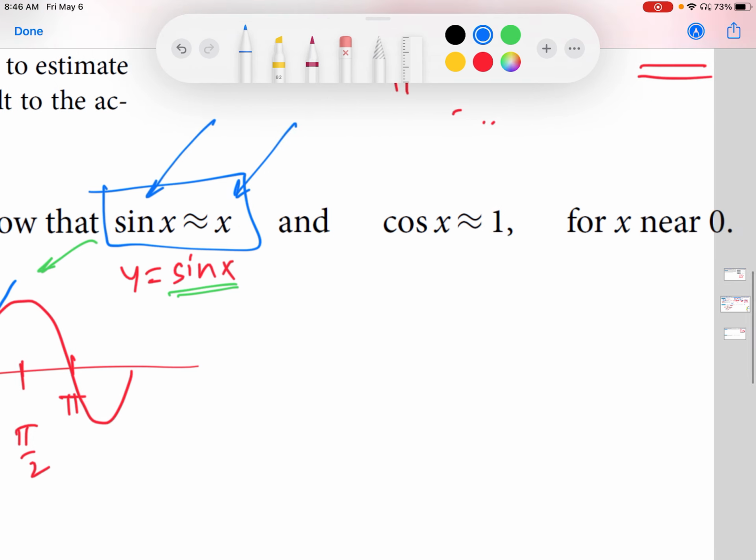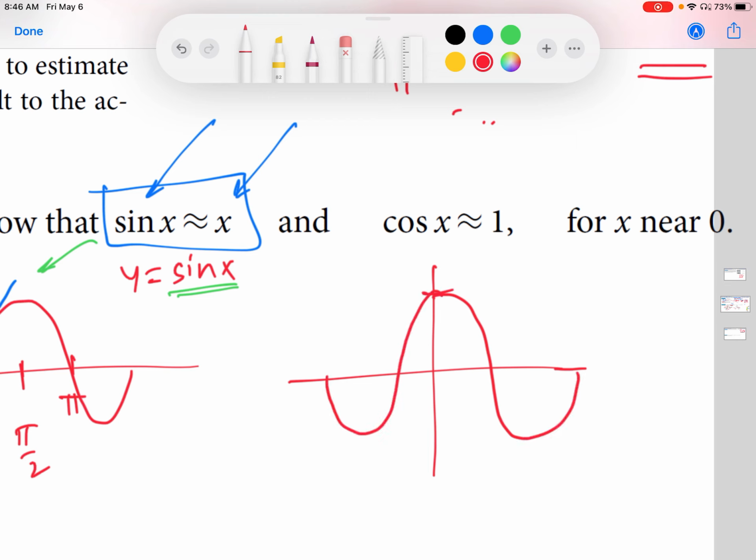For cosine x, it's a little bit of a different picture, but it's kind of the graph of sine x just shifted. The graph of cosine x looks like this, and this is y equals 1, negative 1, x equals 0, and then cosine of pi over 2 is 0, so that's pi over 2, and this is cosine of pi, negative 1.